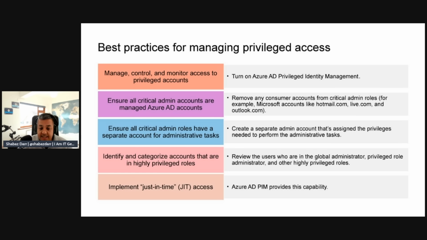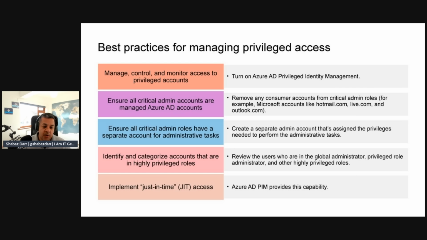Another best practice is to identify and categorize accounts that have highly privileged roles assigned to them. How can we do this? We can turn on Entra PIM as we mentioned, and we can view users who have the global admin or privileged administrative role and other highly privileged roles. We can remove any accounts that no longer need those roles, and we can categorize the remaining ones that are assigned the admin roles as well.